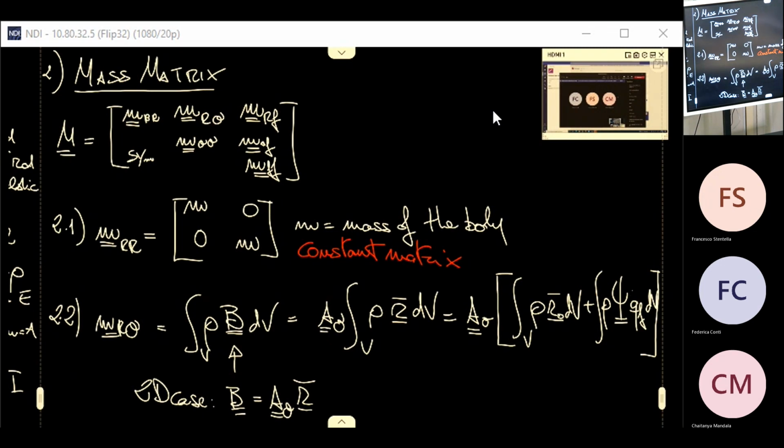So I'm just unpacking r over bar. Of course, again, qf does not depend on time, so we can bring it out again from the integration sign.